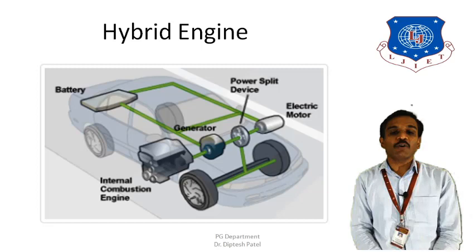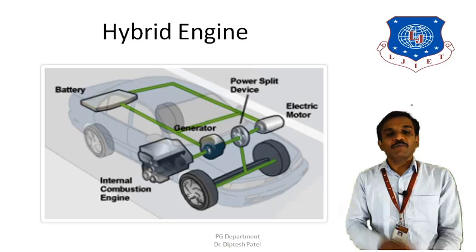Now the generator would recharge the battery, especially during deceleration and braking. So as you can see, two different lines are connected with the battery, one with the generator, another with the electric motor. So the generator would recharge the battery, while the electric motor will consume the power from the battery.